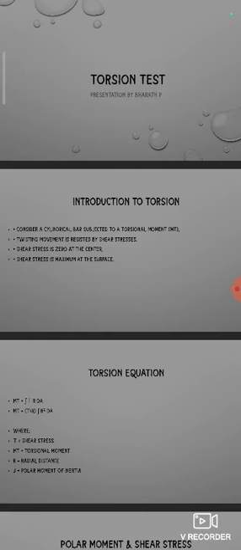When the bar is twisted, the twisting action is resisted by shear stress developed inside the material. The shear stress is zero at the center of the shaft. It increases gradually from the center toward the surface.